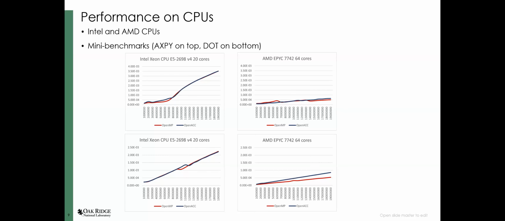This is something that I think many people don't know very well about OpenACC. OpenACC is not only for GPUs or NVIDIA GPUs. It can run on CPUs as well. And in fact, not only can you run OpenACC code on CPUs, but you can get very good performance as well.